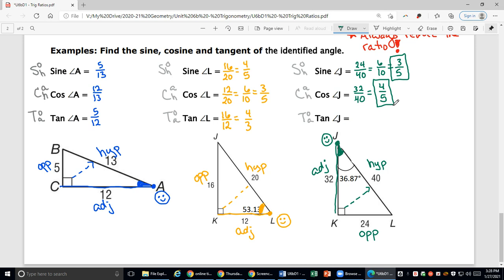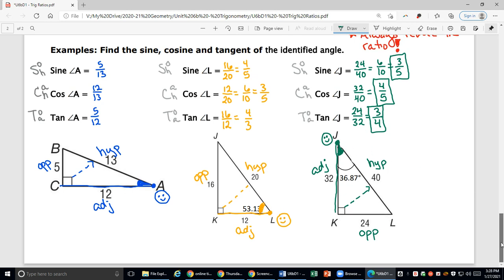And then last but not least, we need to do our tangent of angle J, the opposite over the adjacent. My opposite side is 24. And the adjacent side is 32. And I know that 8's going to go into both of these numbers. 8 goes into 24 3 times, and 8 goes into 32 4 times. So 3 over 4 is the tangent ratio for angle J.